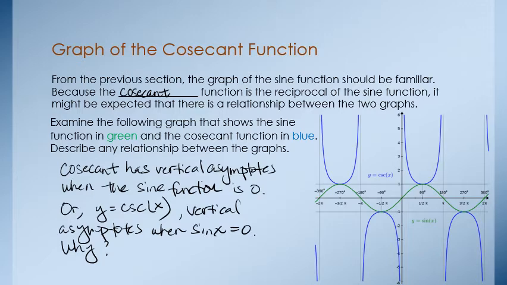Well, the reason is going back to the original definition of what a cosecant function is. The cosecant function is defined as the reciprocal of the sine function. And if we have the sine function equaling 0, then that's going to zero out our denominator and create a value that's undefined. Therefore, at those undefined values, we see vertical asymptotes.